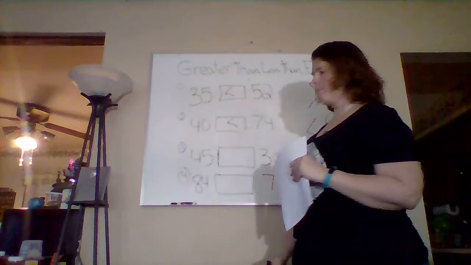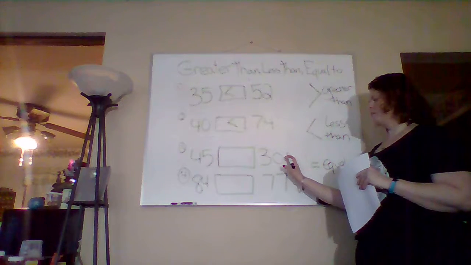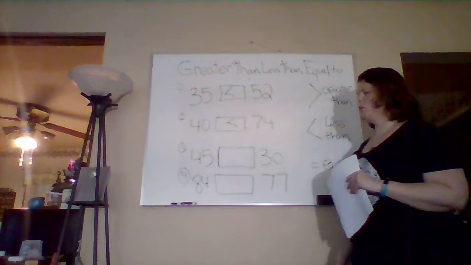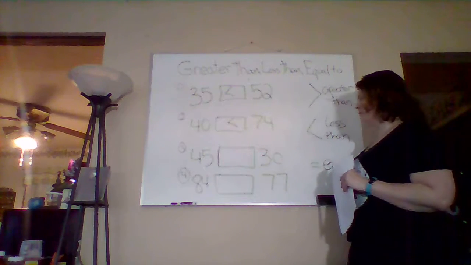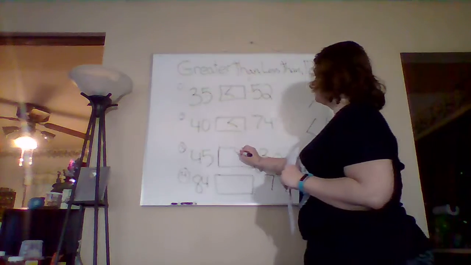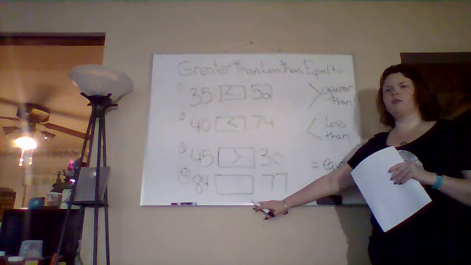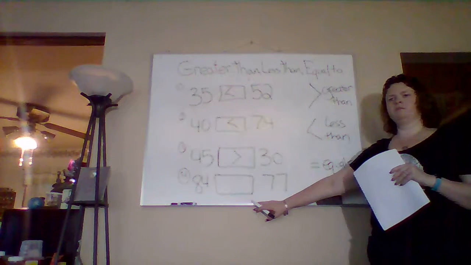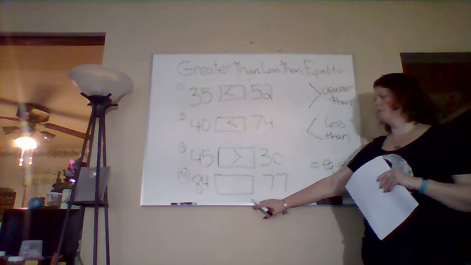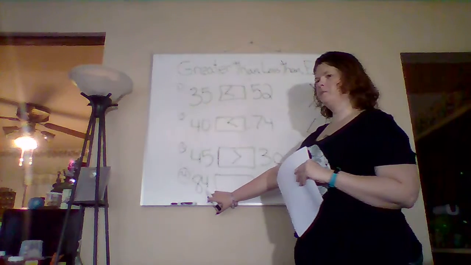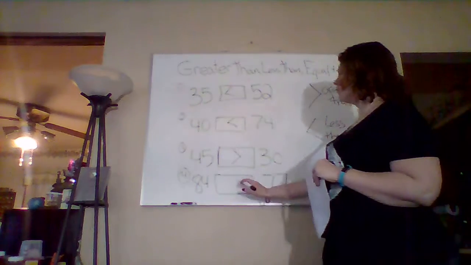Okay. So for number 3, who wants to read the problem? Christopher. It's 45, and then on the other side is 30. Okay. So what symbol's going in the middle? The greater than symbol. Yes. All right. And the last problem we have up on the board, who wants to read it? George? 84 and 77. Okay, so which symbol's going in the middle?